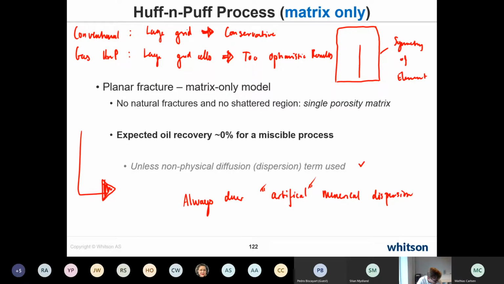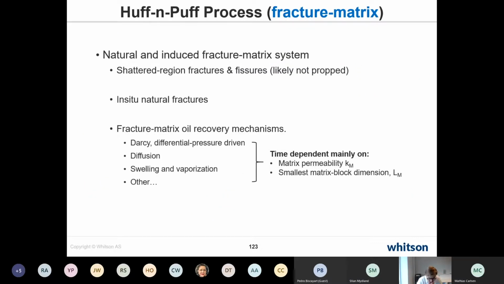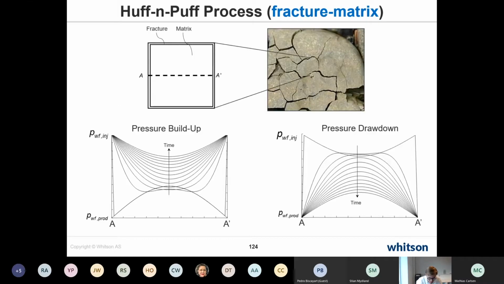What that means is that when we increase the gridding size, the total recovery or the total production doesn't change, or the uplift response doesn't change. That's just one way to check it, and we'll go back to that. Yeah, and we've talked about this earlier.